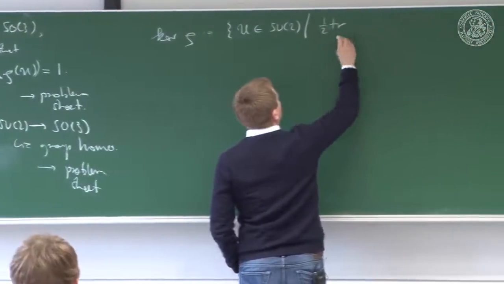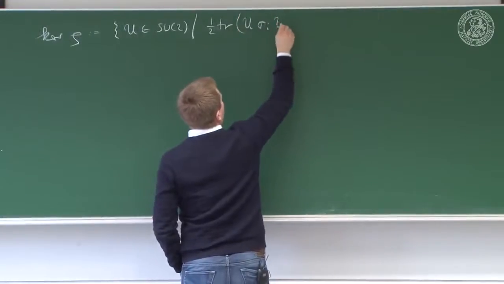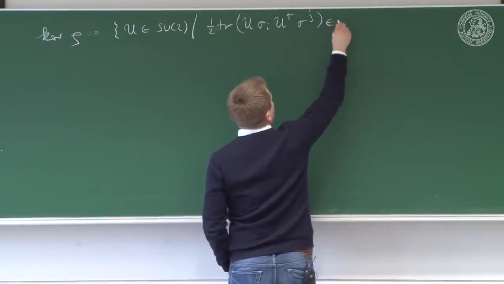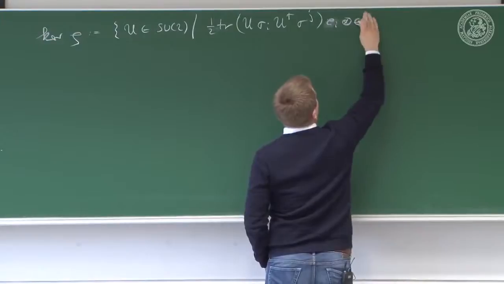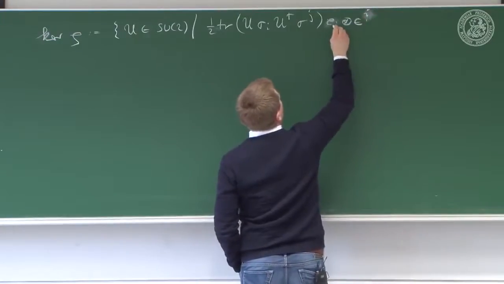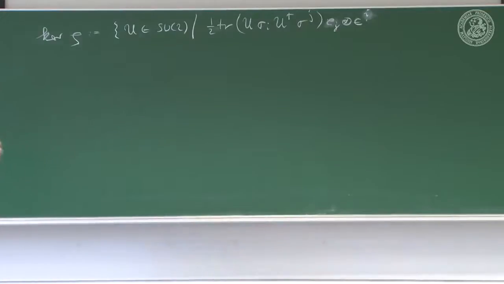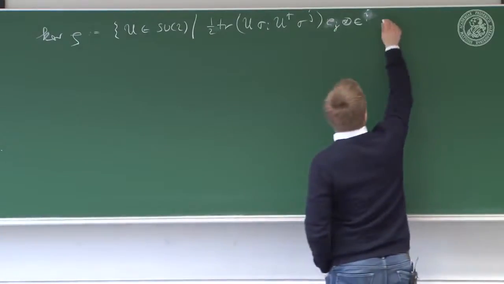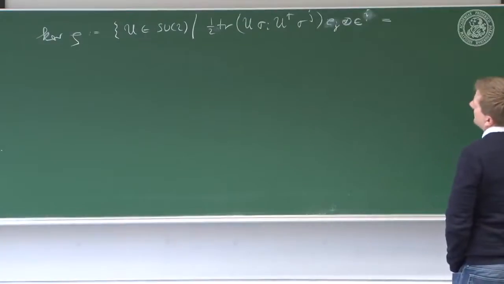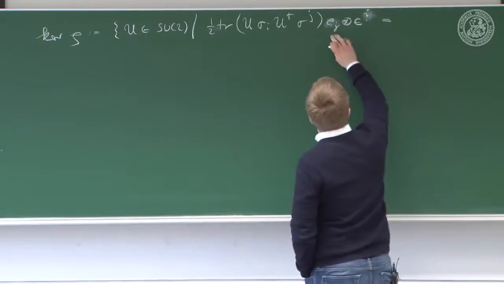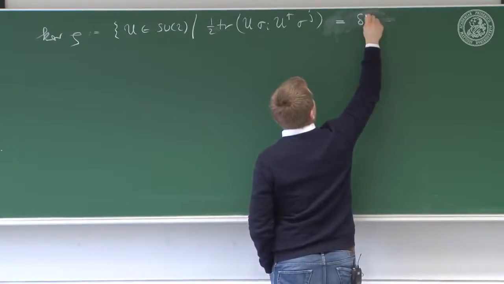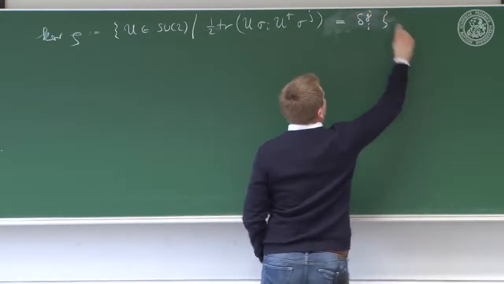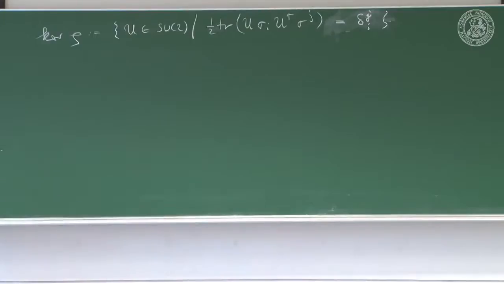It was 1/2 trace u sigma I u dagger sigma j, e_i tensor product epsilon^i, and it was the e_j, that this guy is actually the identity map on R3, but this it is if the components of it are delta ij or delta ji. Agree?